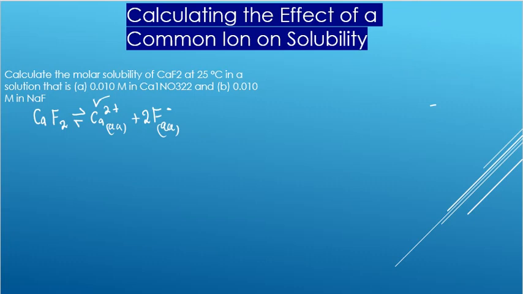We proceed. So the first thing that we're going to do, we're going to first of all come up with our ICE table. So the ICE table is very important. Why? Because we have not been given the concentration of calcium and that of fluorine, but we have been given the concentration of calcium nitrate.